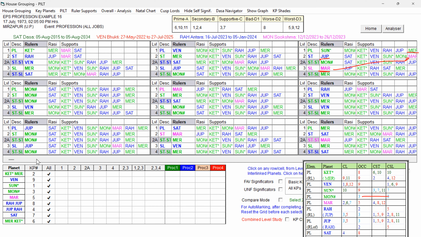Now we have to check the 10th cuspal sublord Ketu. Ketu is also under the influence of Mars. And again, the star level planet Rahu also has Mars. The 10th sublord Ketu is influenced by Mars, and star level Rahu is also under the influence of Mars.